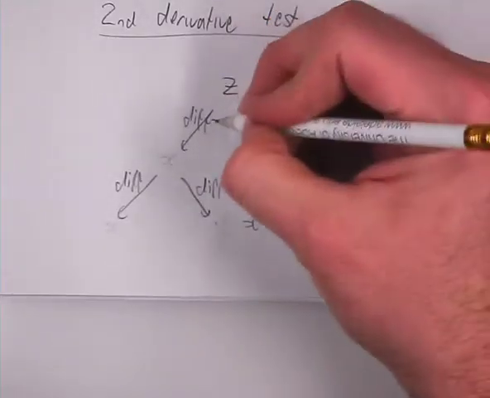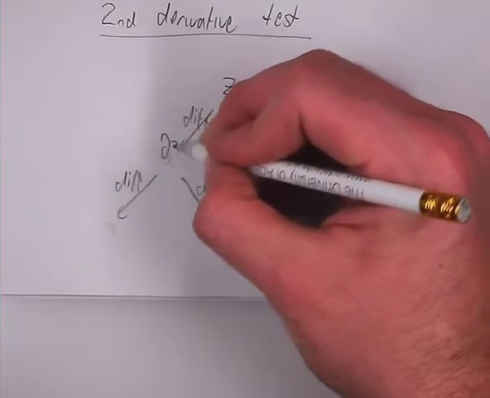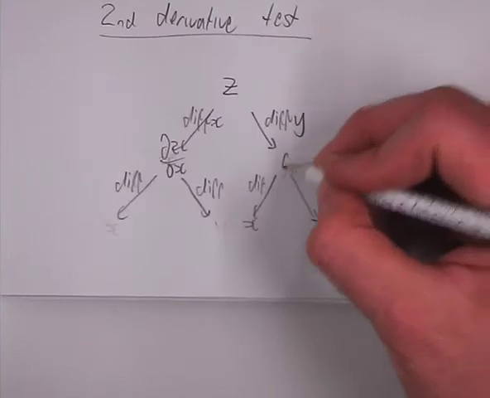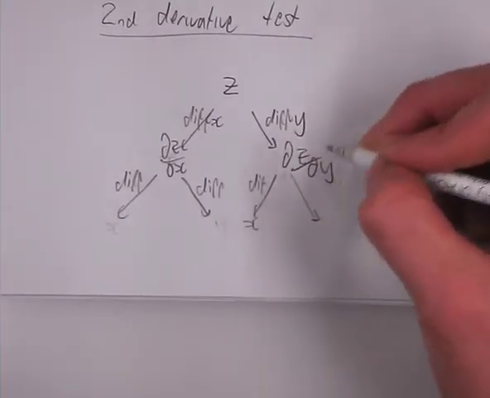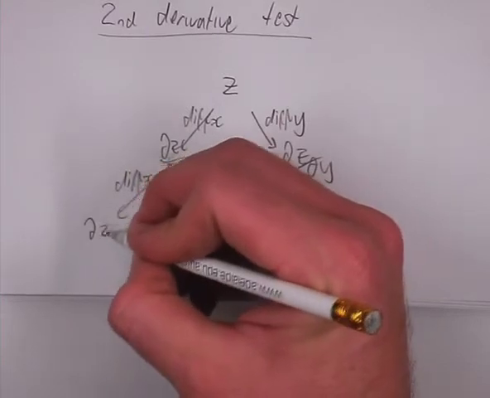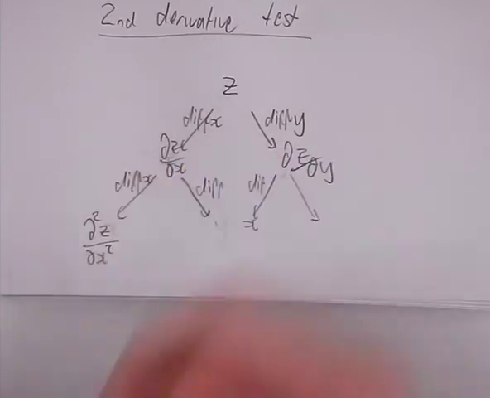So if we differentiate with respect to x, we'll get dz on dx. If you differentiate with respect to y, you'll get dz on dy. If you differentiate with respect to x again, you'll get d squared z on dx squared.